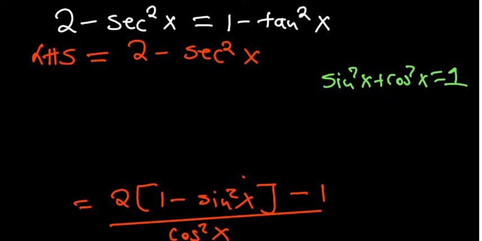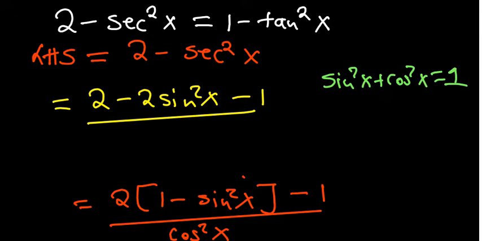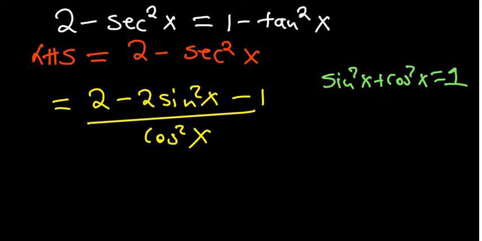Again, I'll proceed. If we multiply by the 2, we have 2 minus 2 sine squared of x, minus 1, divided by cosine squared of x. So we can see we have like terms, right? 2 minus 1 is just 1, and then you still remain with 2 sine squared of x.